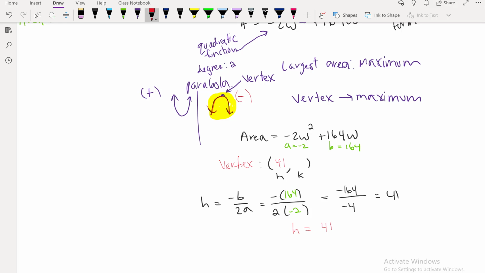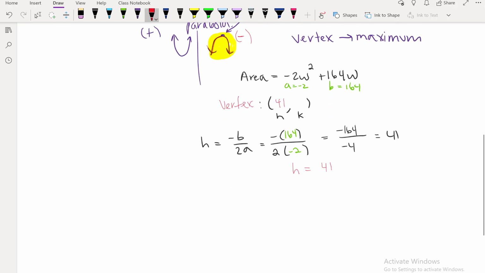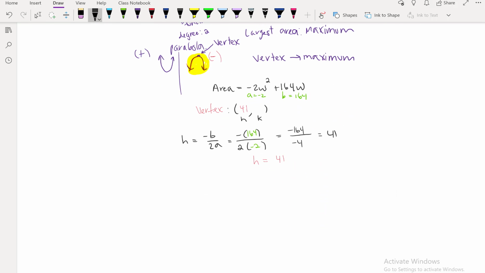So my vertex now, I have my H value as 41. That tells me that for the area, negative 2W squared plus 164W, I'm going to plug in that my W is equal to 41.